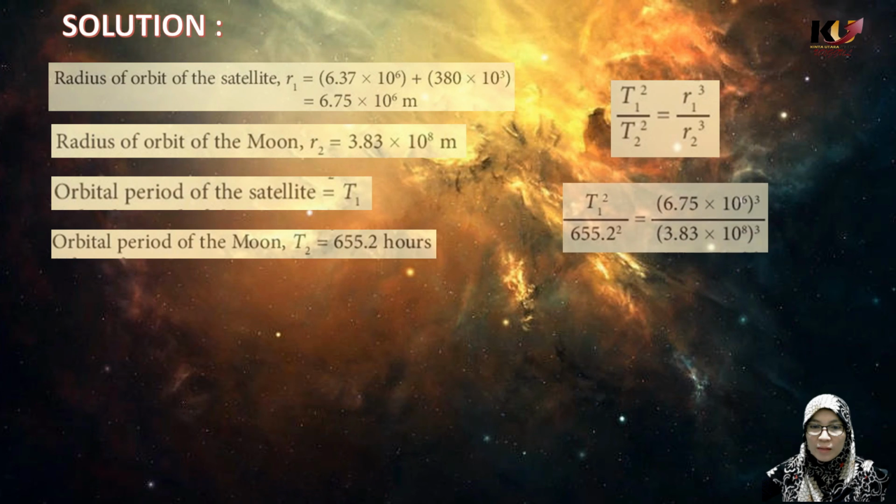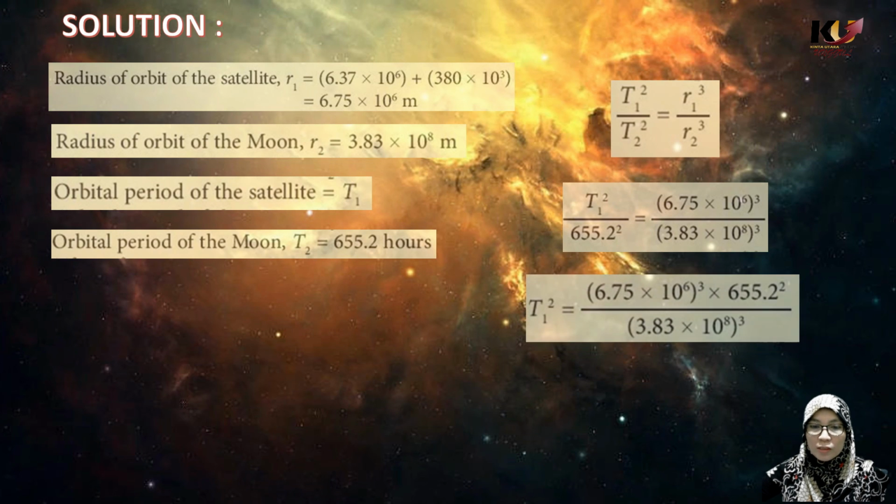T1 square divided by 655.2 square equal to (6.75 times 10 power of 6) cube over (3.83 times 10 power of 8) cube. T1 square equal to (6.75 times 10 power of 6) cube times 655.2 square divided by (3.83 times 10 power of 8) cube.